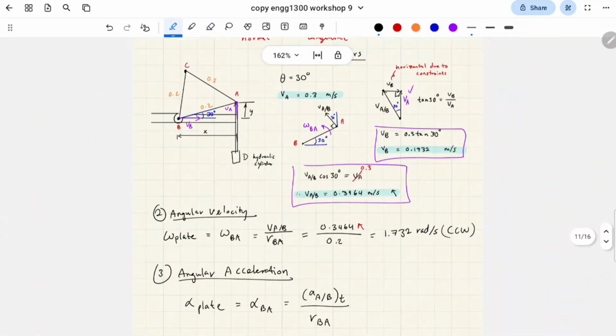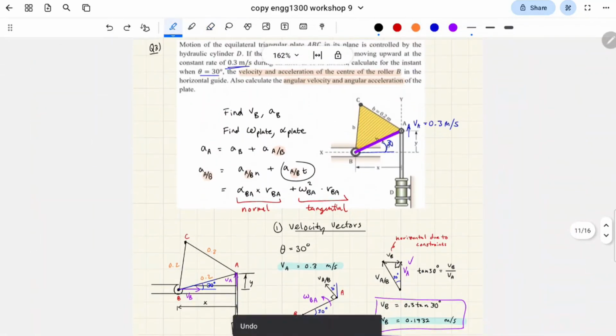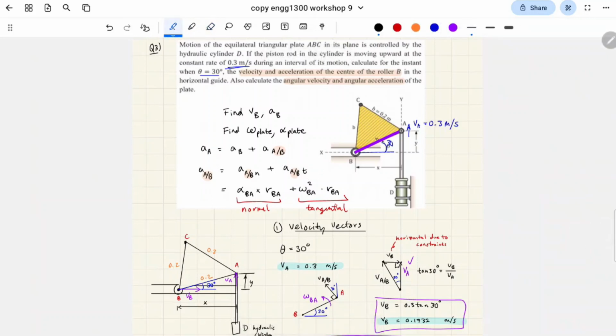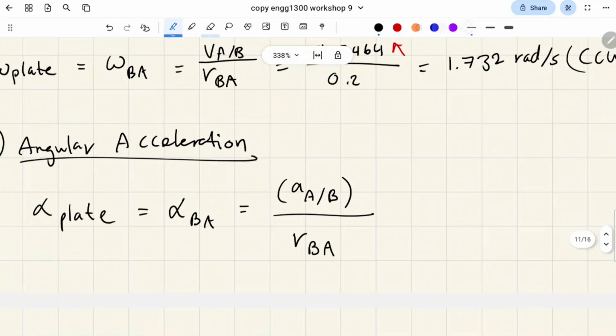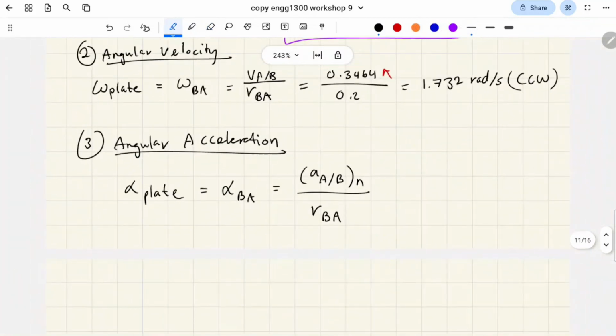Did I write the wrong one? I think I wrote T by accident, but I meant N. Sorry, that's an N. So we want to find this pretty much. We're going to store this equation under 1 for now because we're just going to find the normal component of acceleration A relative to B.